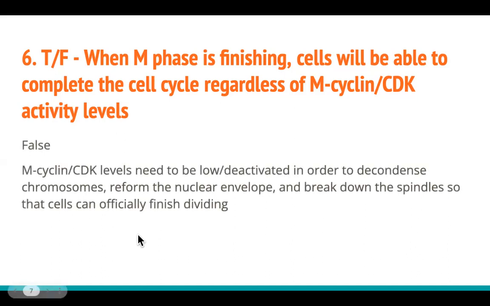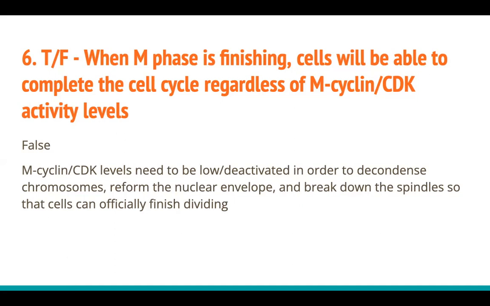So just to expand on that. When you have M cyclin CDK in the beginning, like you said, it targets the nuclear envelope, specifically the lamins that get phosphorylated. The nuclear envelope breaks down, the spindles also break down, and the chromosomes decondense.